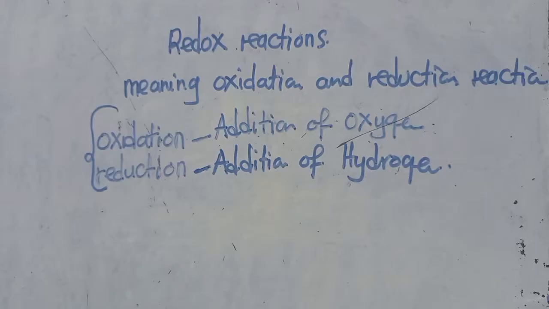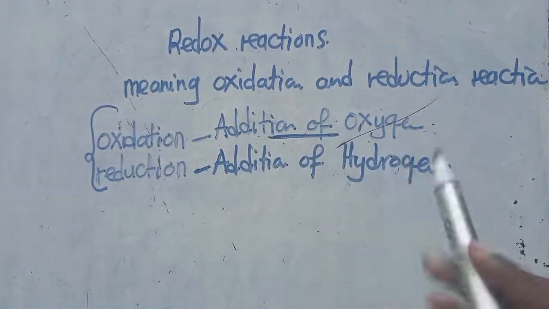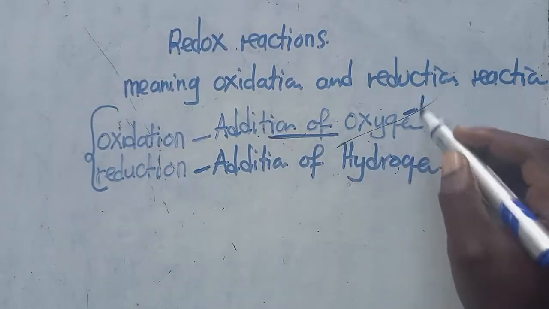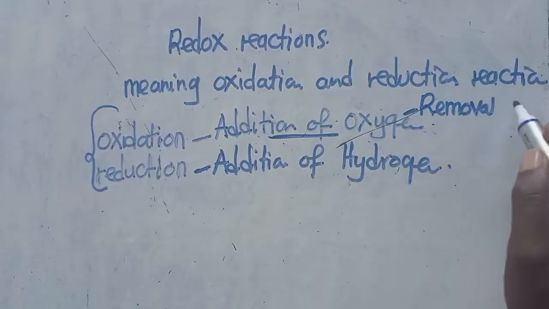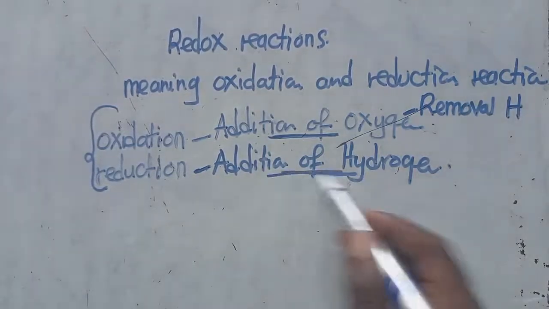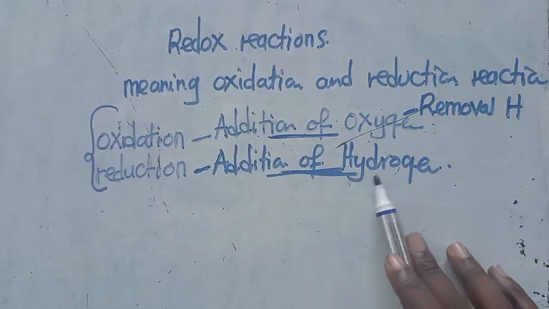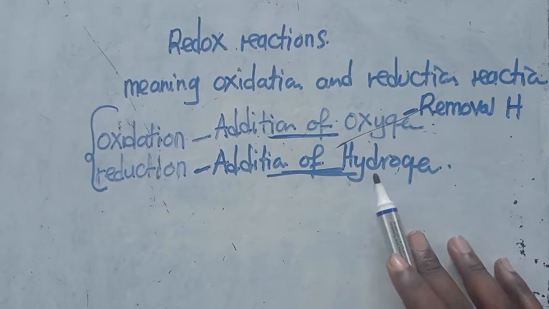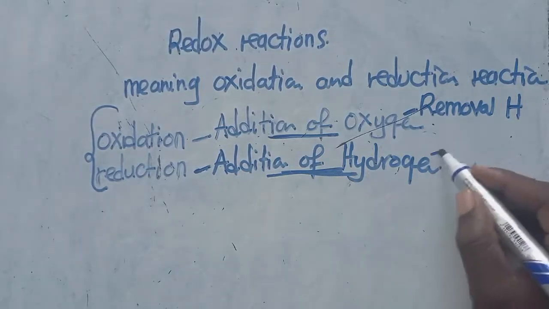Whenever we are talking about the addition of oxygen, it means we are removing hydrogen. Since this other one is the addition of hydrogen, it means it is the removal of oxygen.